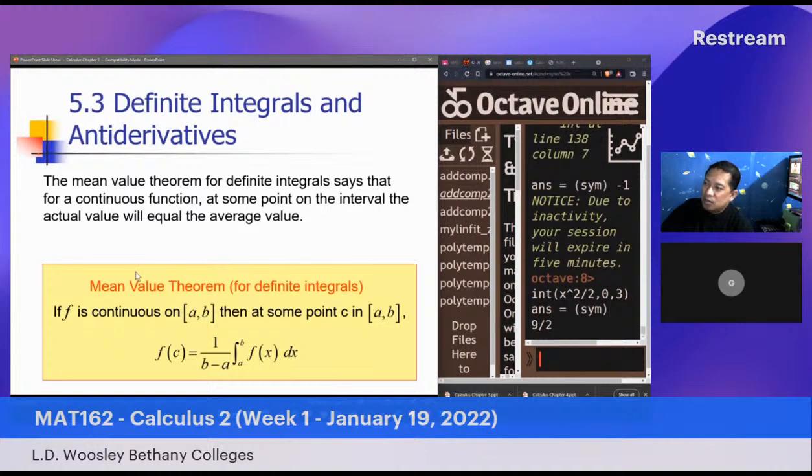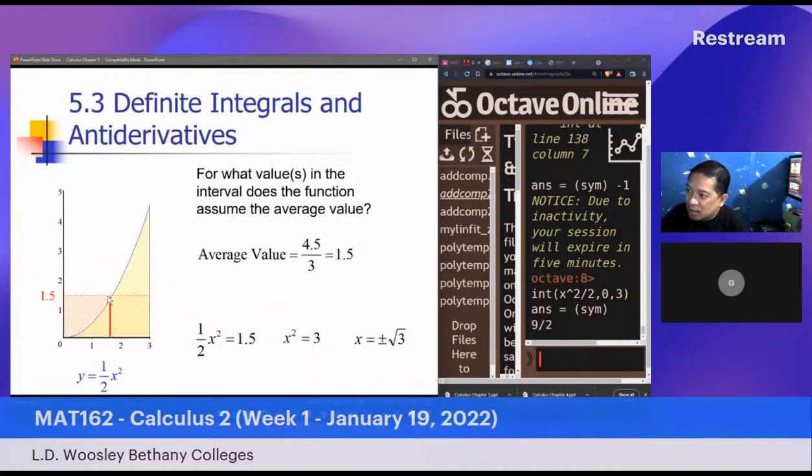So, if f is continuous on A and B, then at some point C, C is any point from between A to B. Meaning, kung may particular point na kung saan yung average value, katulad nung kanina, ito yung f of c mo dun sa point na yon. Sa point na yan, yung f of c, yan yung average value mo.